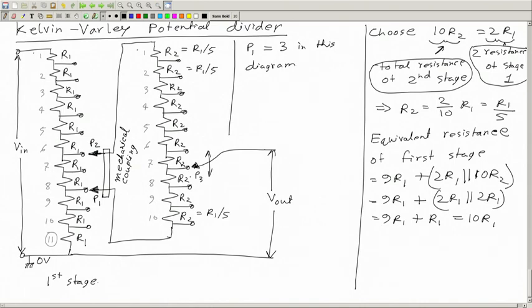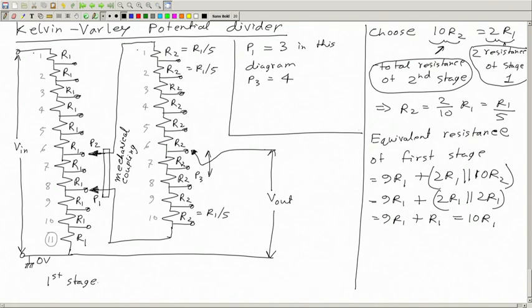And P3 is equal to 1, 2, 3. Again 3. Let's change it. One, 2, 3, 4 in this diagram.